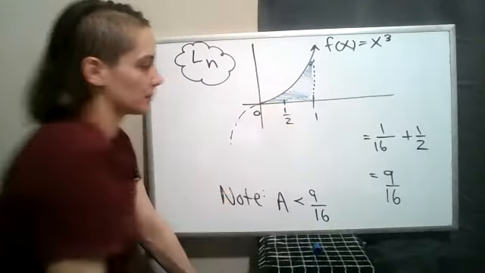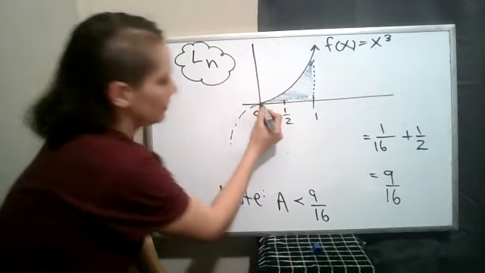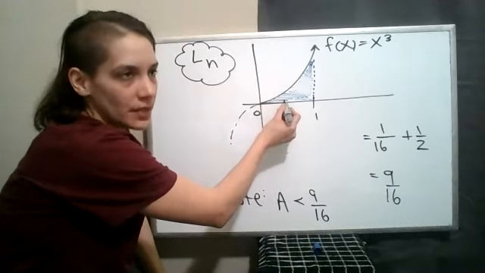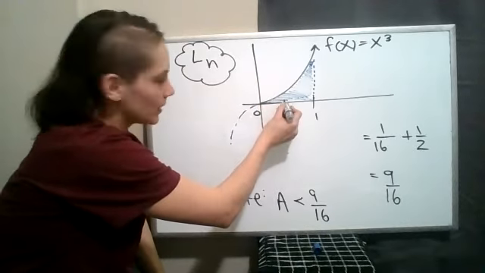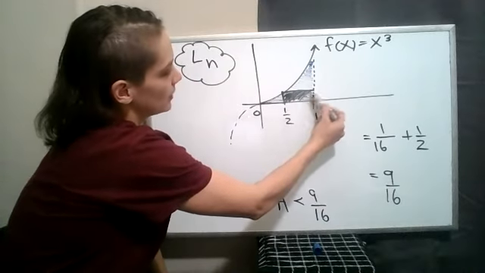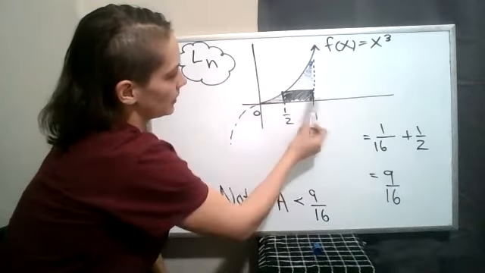So this one, f of 0 is 0, so it's a height of 0, so it's like an area of nothing. And this one has a height of f of 1/2, which hits the curve right here. And then you go over and make a rectangle. So this area is definitely going to be less than what the area under the curve is. So we're only going to get this little rectangle here.